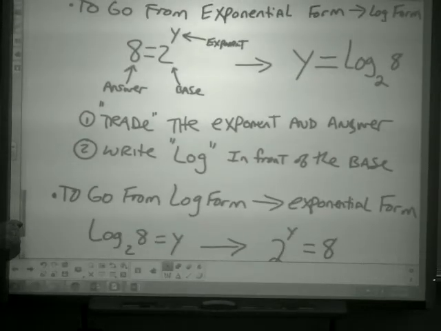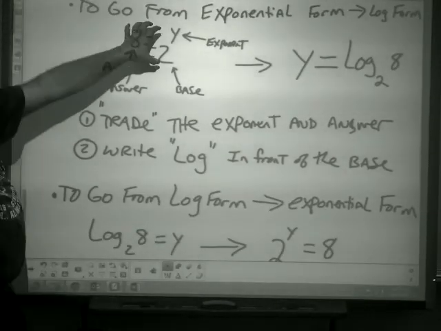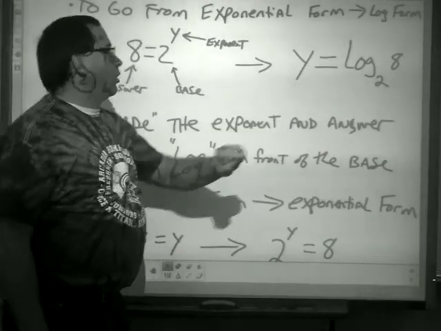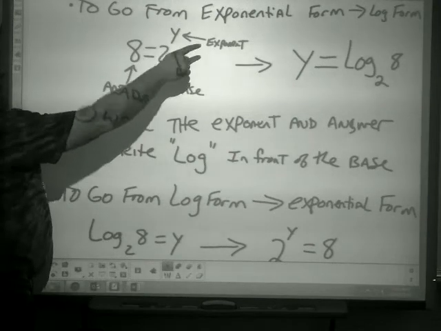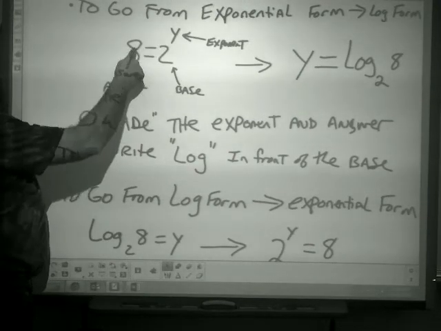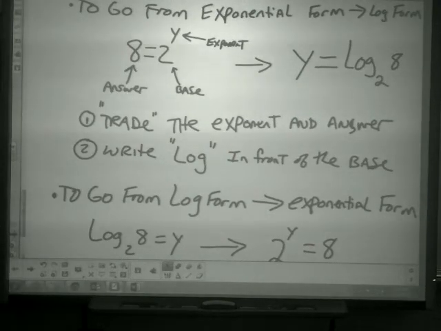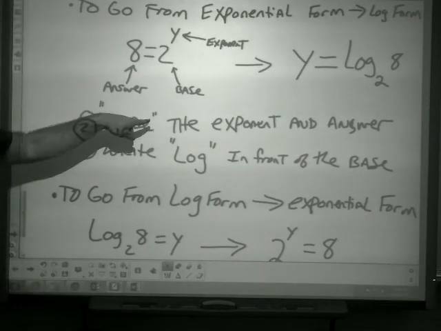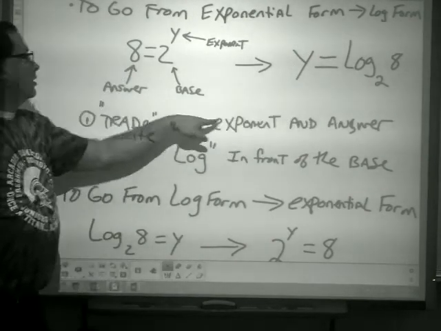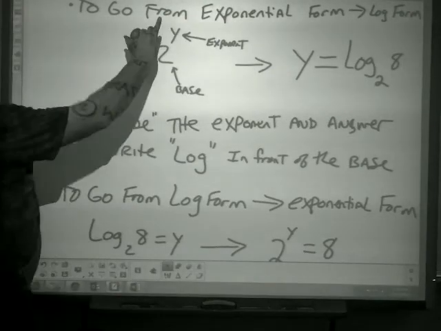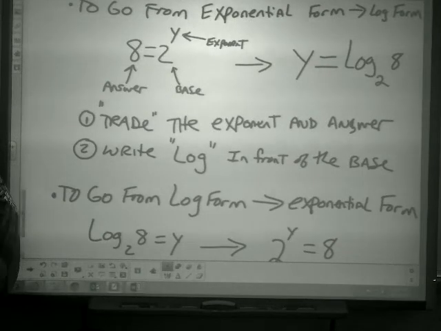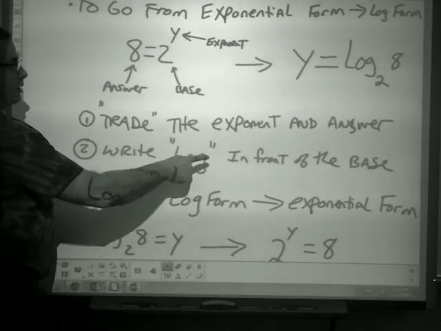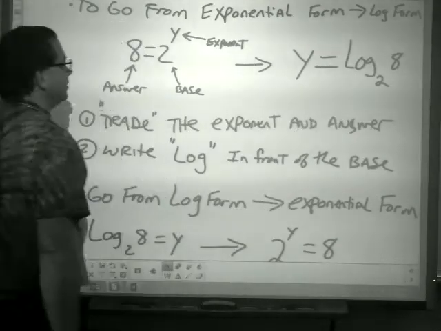So if I want to go from like exponential form to log form, all right? This is the base, this is the exponent, this is the answer, all right? So what do we have to do? We have to trade the exponent and the answer. So the 8 and the y are going to switch places. I'm going to put the word log in front of the base.